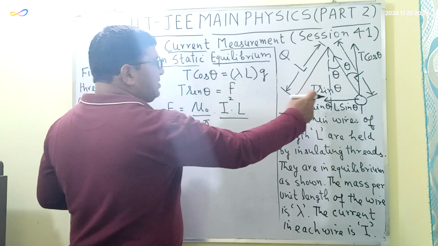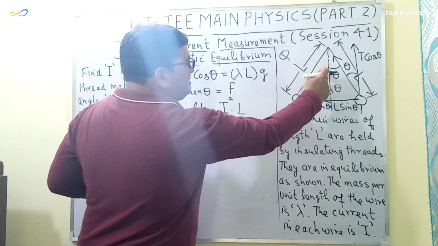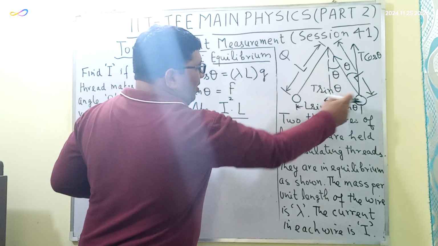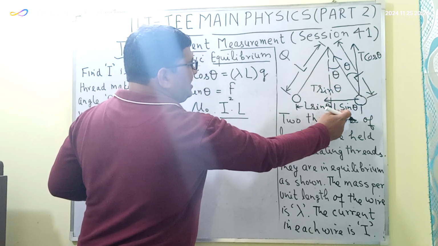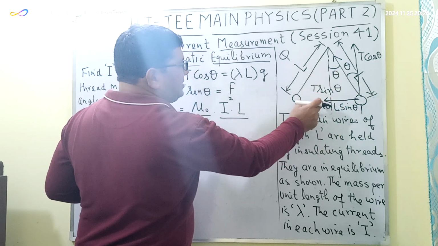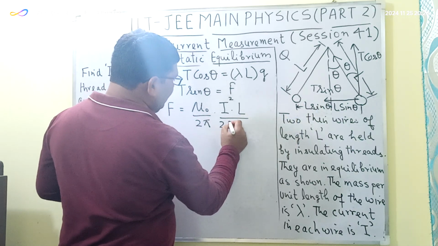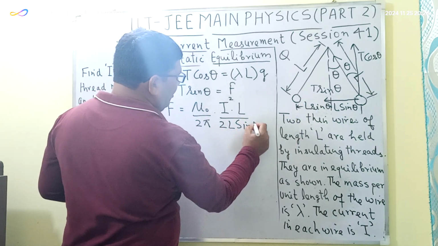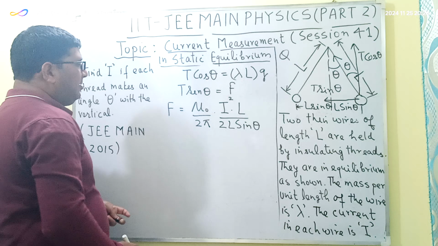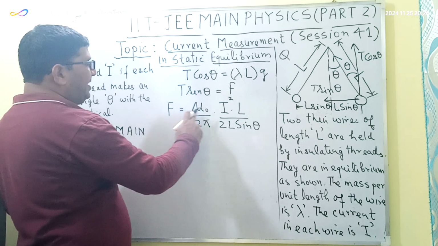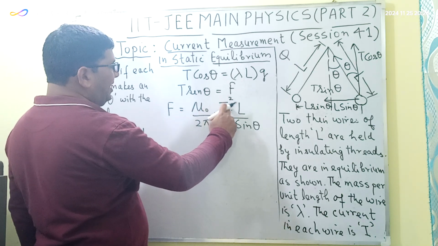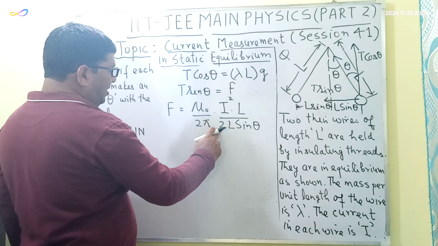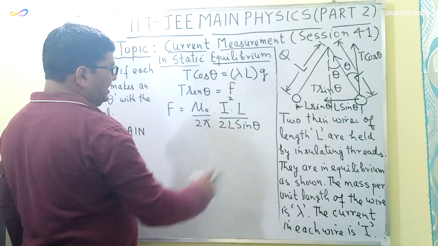In this case the separation is as follows. Here is the angle theta, so this horizontal distance will be L sin theta, and this horizontal distance will also be L sin theta. So the separation will be 2L sin theta. So the value of the magnetic force will be mu naught I square into L divided by 2 pi into 2L sin theta.